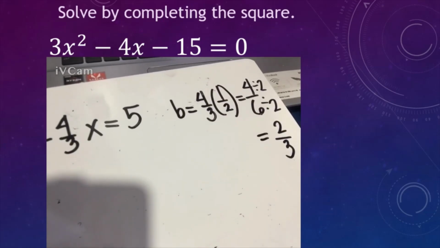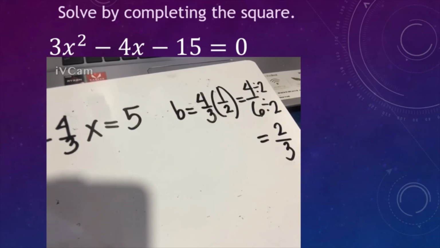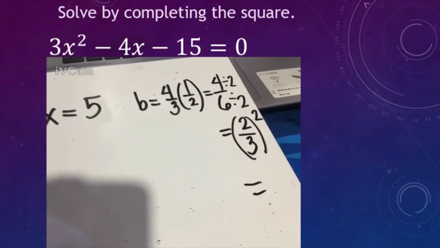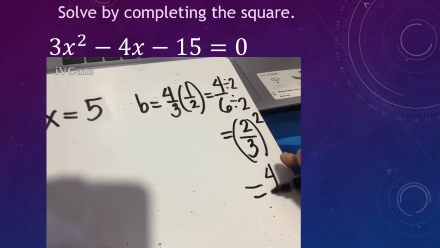So what we're going to do with 2 over 3 after that? We were going to square 2 over 3. So what is the square of 2 over 3? 2 times 2 is 4. 3 times 3 is 9.